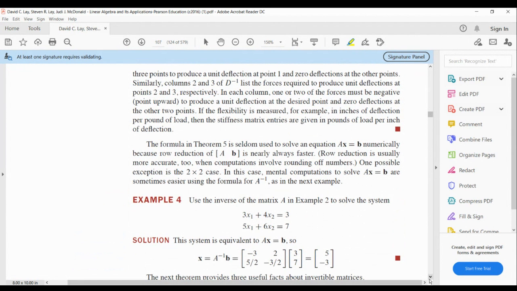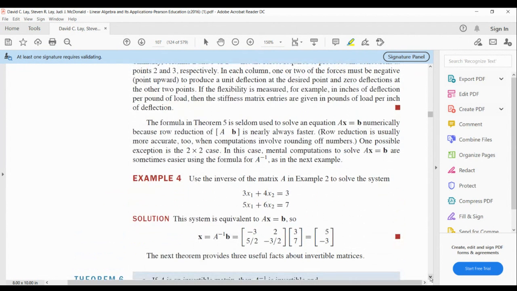If you think about A times X equals B, taking this system of equations and writing it as a matrix equation, what would A be? A has to be a 2 by 2 matrix.